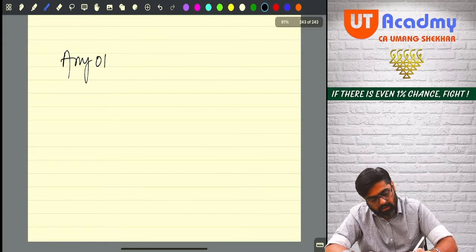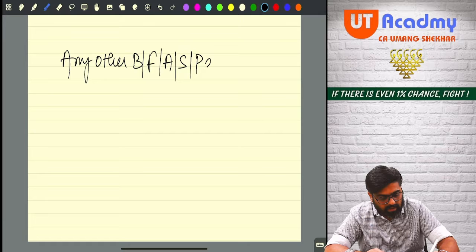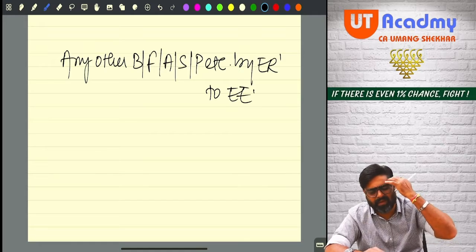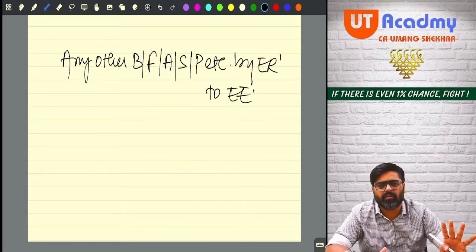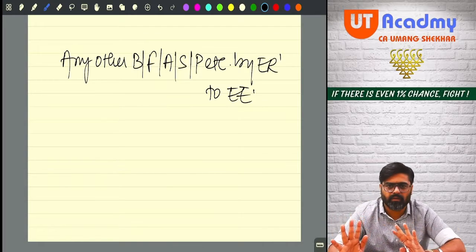Any other benefit, facility, amenity, service, privilege, etc. by employer to employee. Employer is giving any benefit now, any benefit he will give. Now it will not be notified. Whatever we wanted to notify, we have already notified.